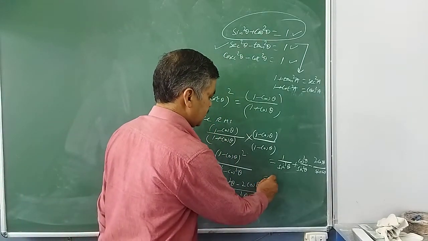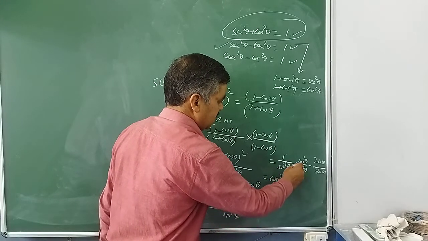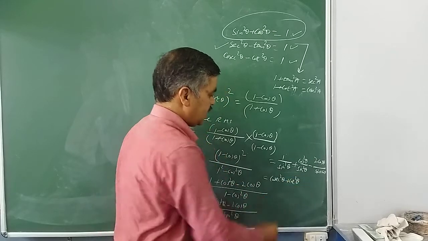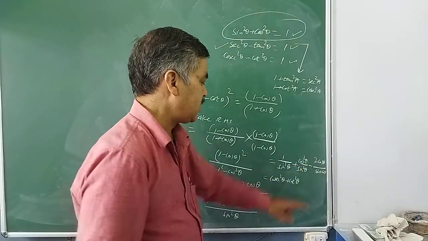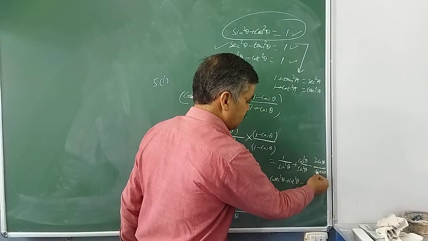Now look at this. 1 upon sin square theta is cosec square theta, plus cos upon sine is cot square theta. A square plus b square minus 2ab is already there.